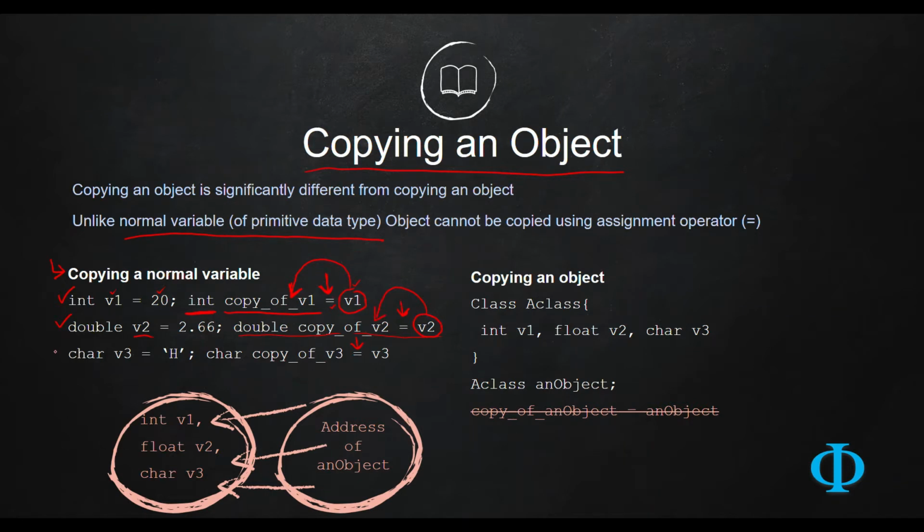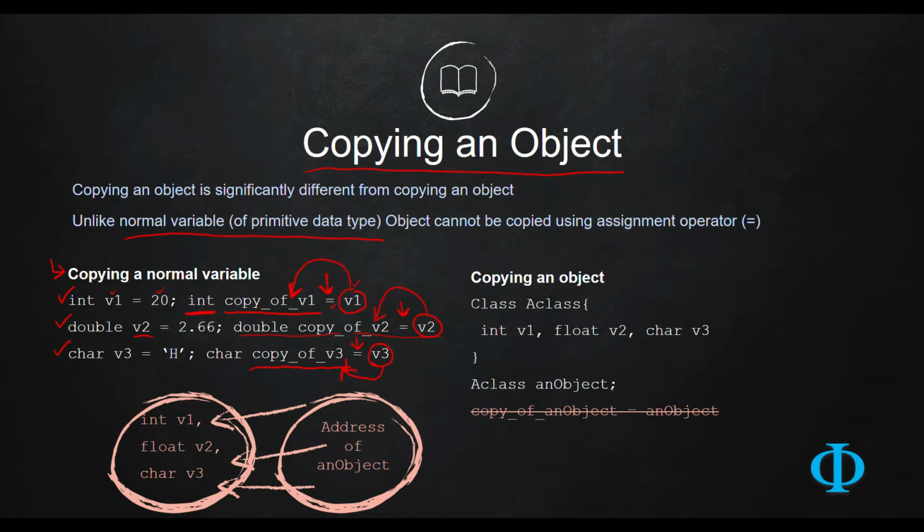The similar thing happens in the third example, where the content of v3 is being copied into an entirely different character type variable called copy of v3. So this is easy, and I believe you already know this from your programming fundamentals.